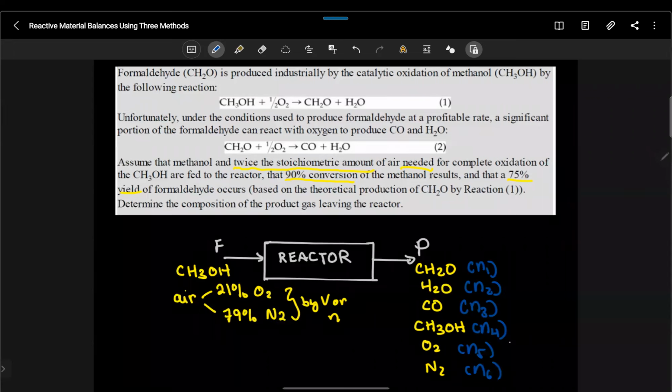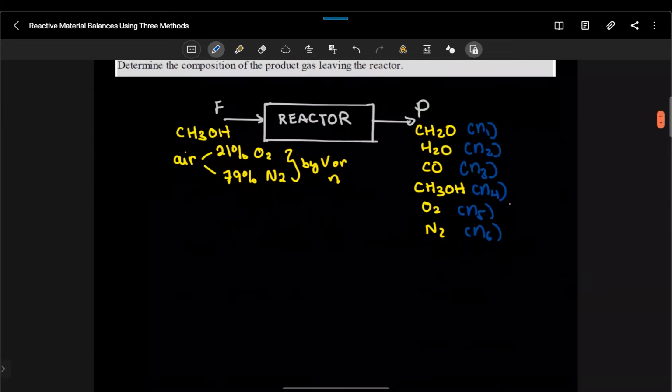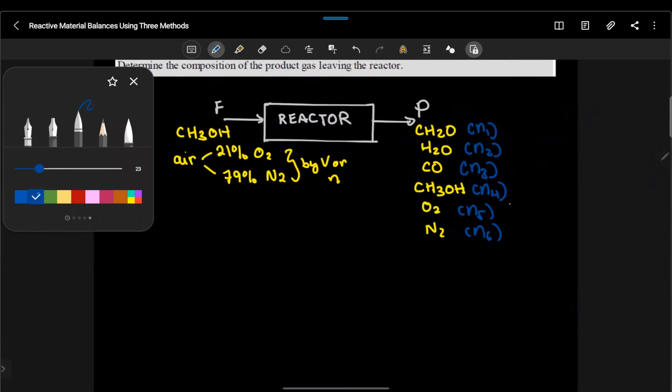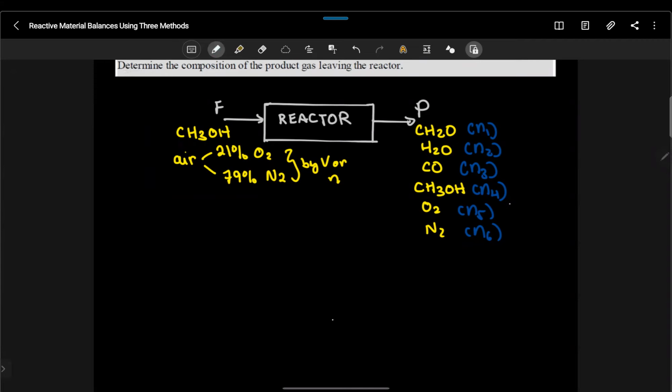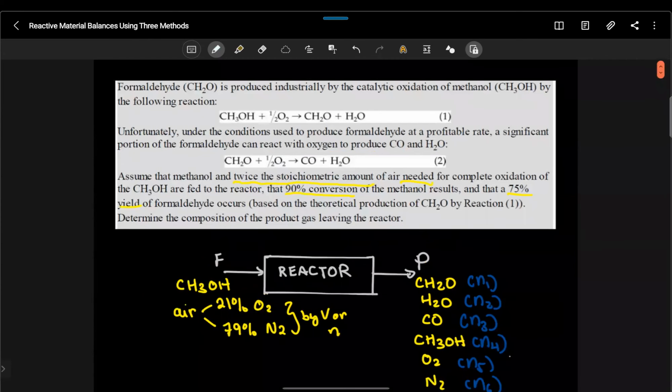Okay. Basis tayo. So let's solve this one now. A good basis perhaps will be what? Kung ano man yung meron tayo na given. So let's probably have, well, we are after the composition of product. So siya yung pinaka-unknown, yung product composition natin. Yung feed, wala siyang given na amount na pinasok.